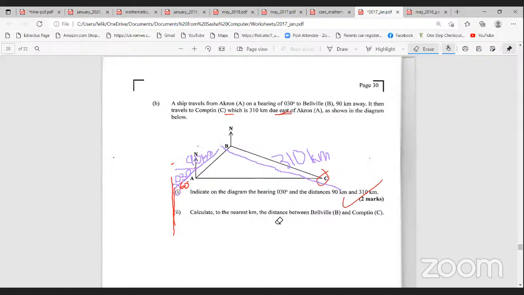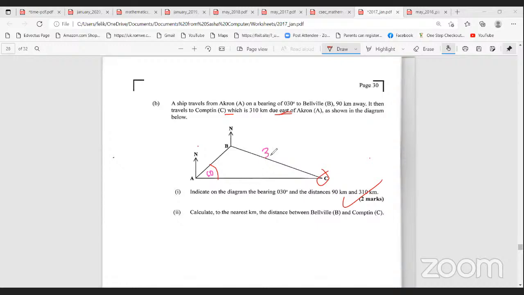What are we going to use? Let me write that in for you. Marlon, erase your lines. I'll write it in for you here. So that's 60. That's 310.